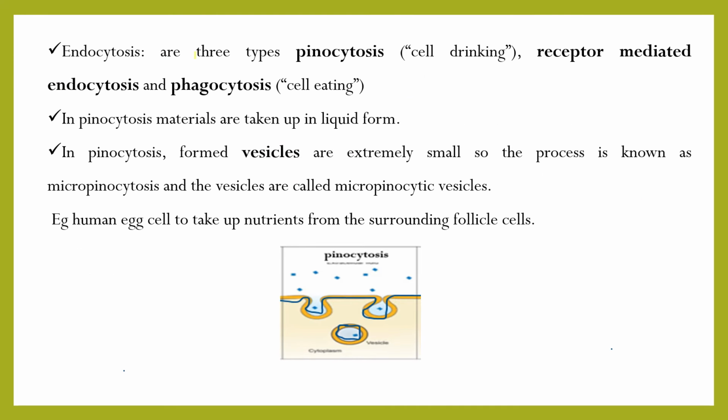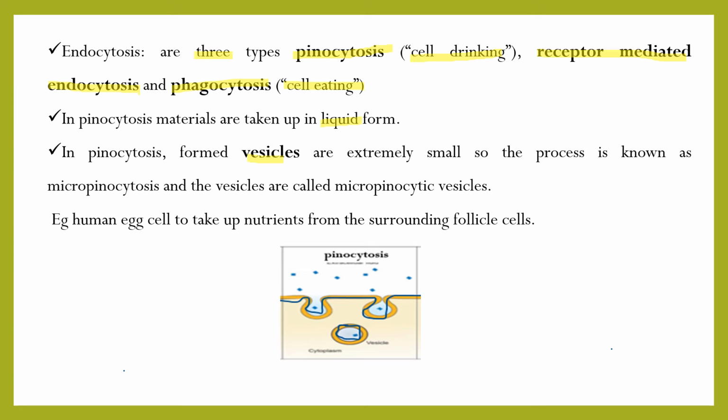Endocytosis is of 3 types: pinocytosis, which is cell drinking, receptor-mediated endocytosis, as well as phagocytosis, which is cell eating. In pinocytosis, materials are taken in the liquid form. In pinocytosis, the formed vesicles are extremely small. They are micro in their size.